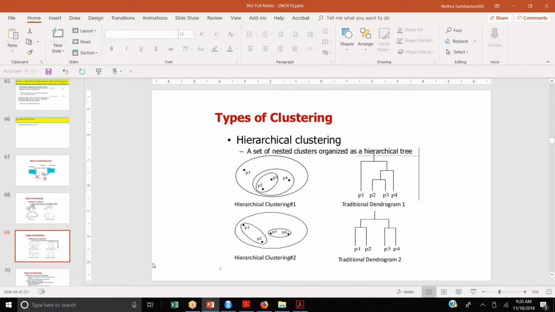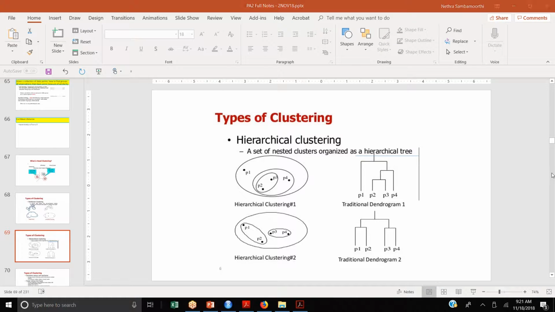Now, the way we define the distance between points, and between a new point and the already formed cluster, defines different types of hierarchical clustering.